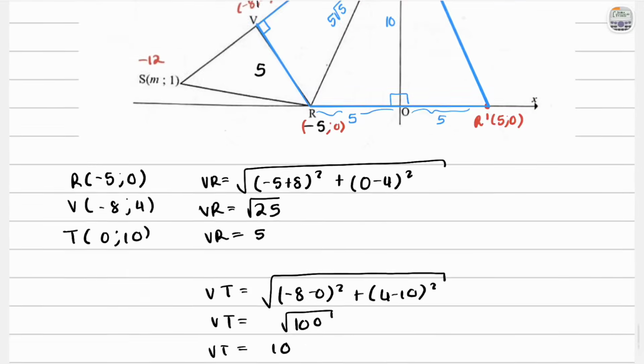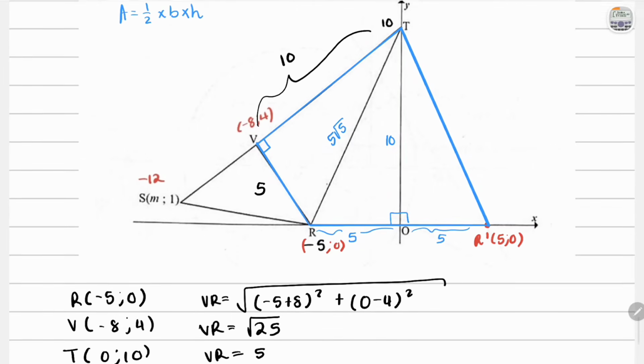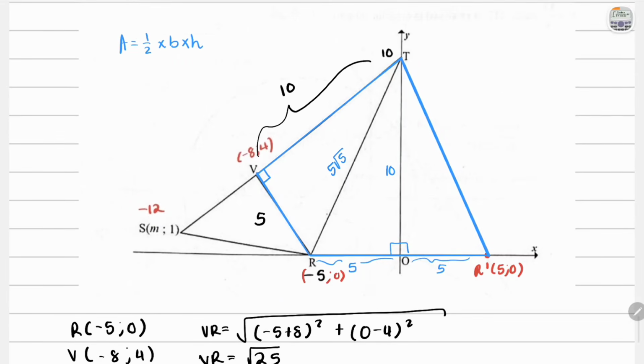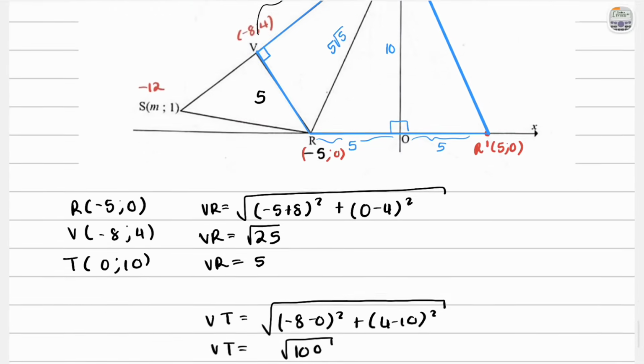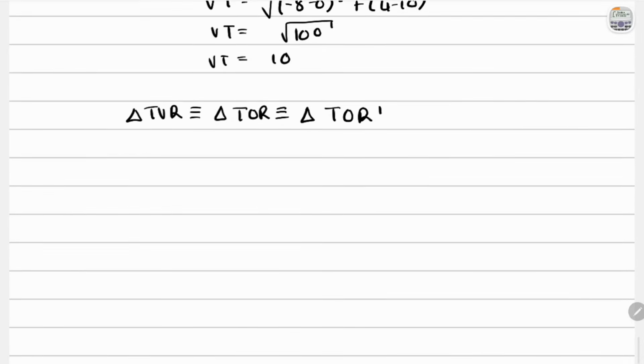So when finding the area of this shape, it's made up of 3 triangles that are all congruent, all exactly the same. What is the name of this shape again? RVTR prime. So the area of RVTR prime is equal to 3 times the area of just one single triangle, the triangle TVR.